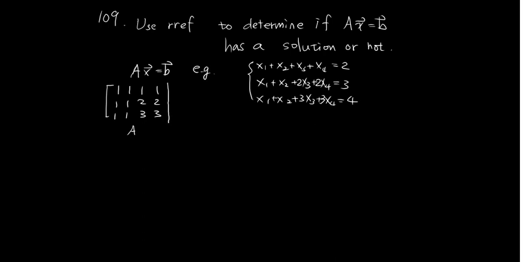We will draw a straight line and put 2, 3, 4 here. And this is B. This structure is called augmented matrix, 增广矩阵. Augment means make it a bit bigger.